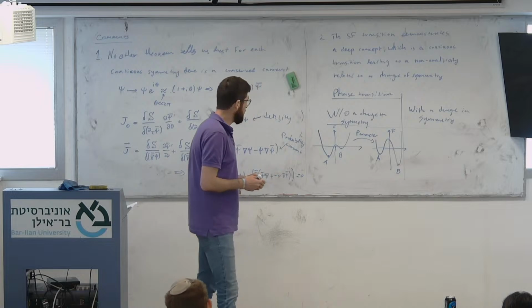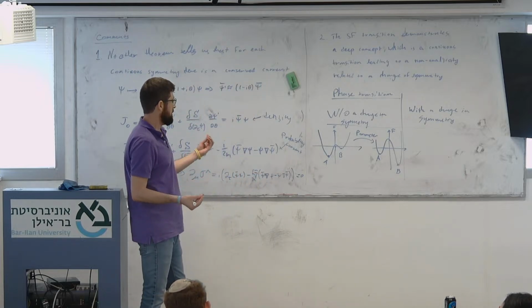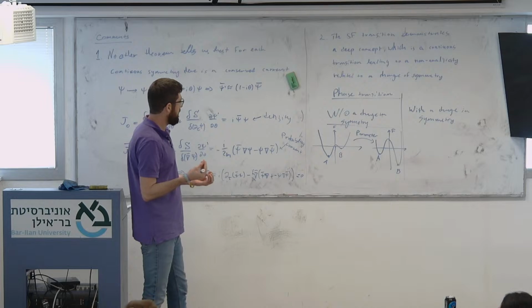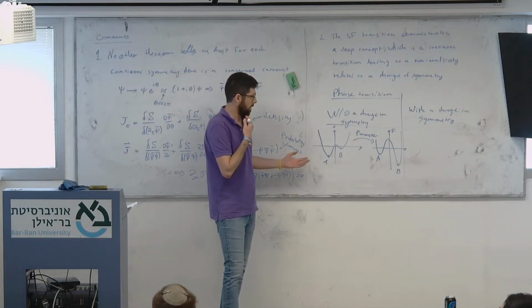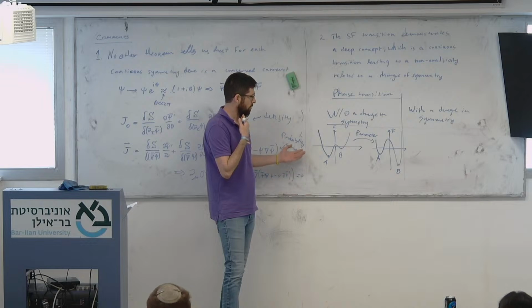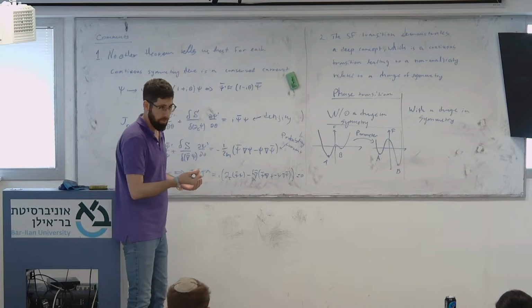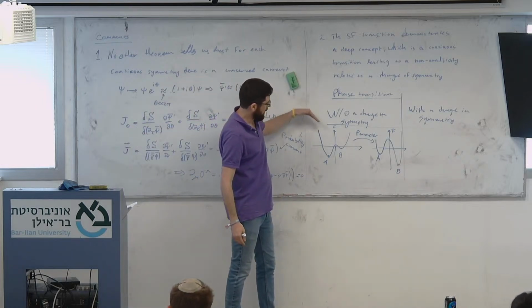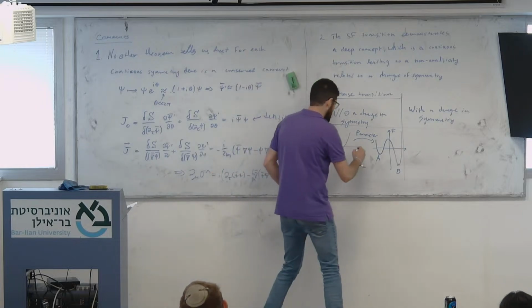And the reason is, how can I explain this? One way of thinking about it is that you can add a linear term to your free energy, which couples to the order parameter. So imagine that I have some tuning parameter, let's call this some field phi.